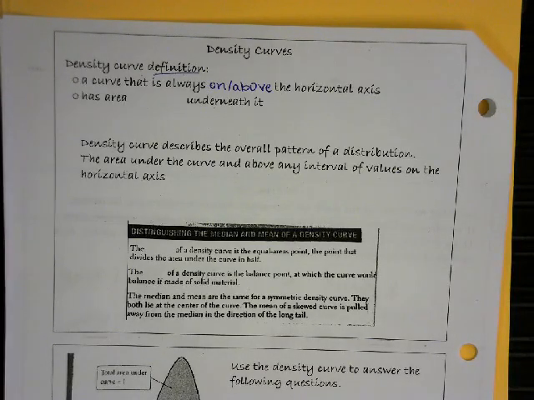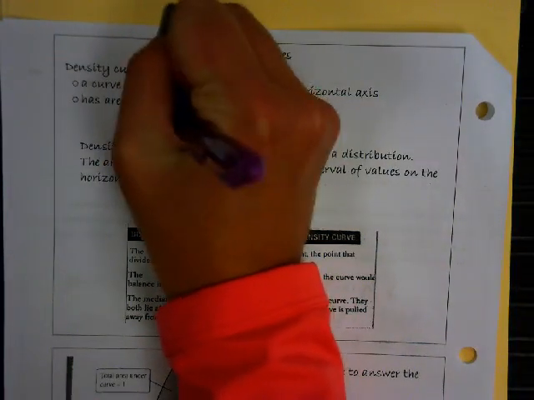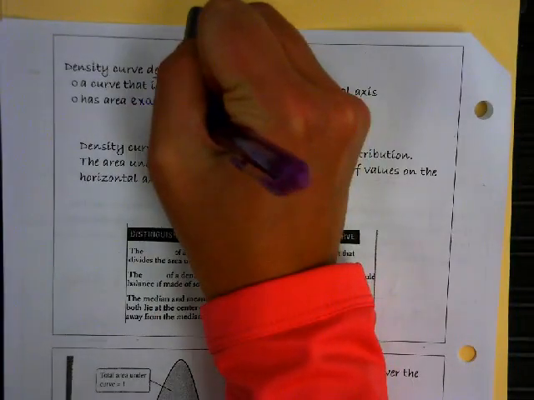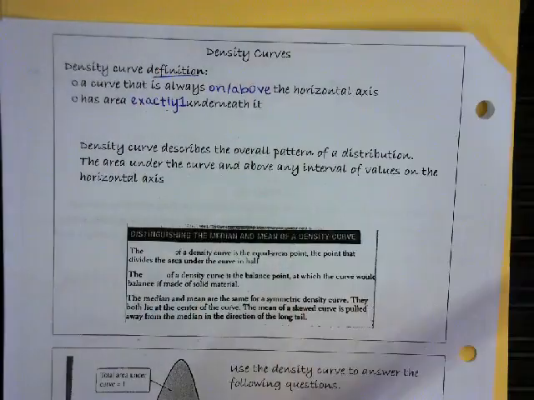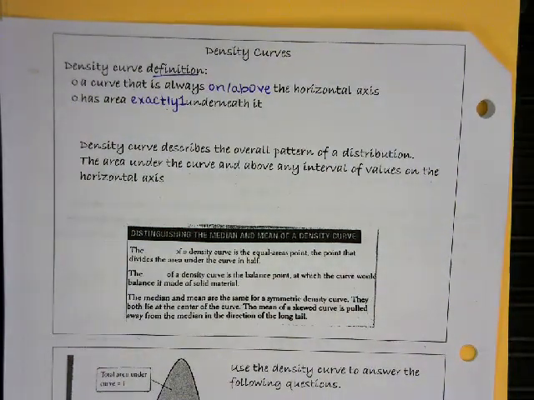The area under a density curve is always exactly 1. Density curves describe the overall pattern of a distribution.